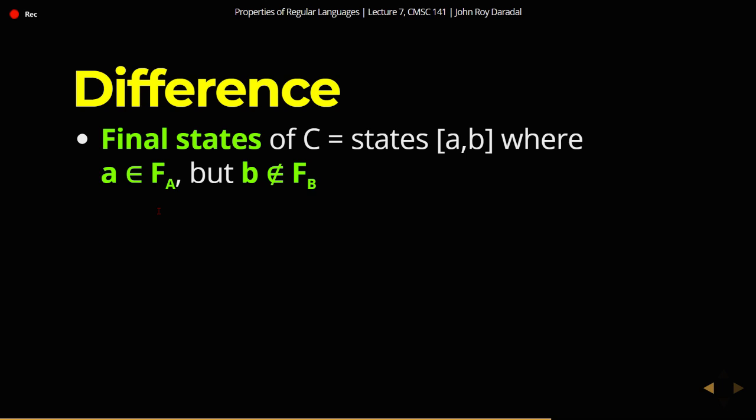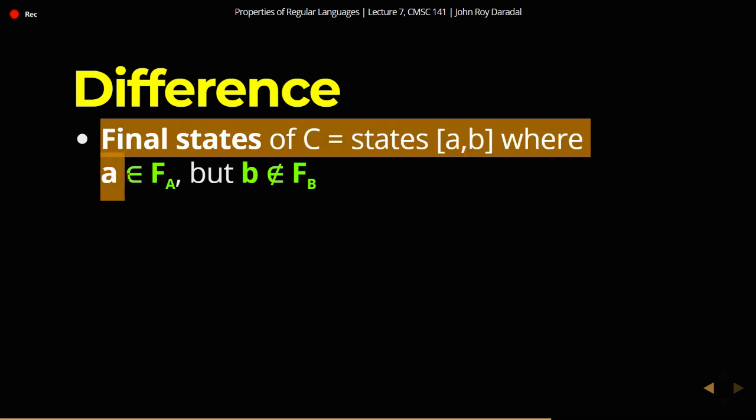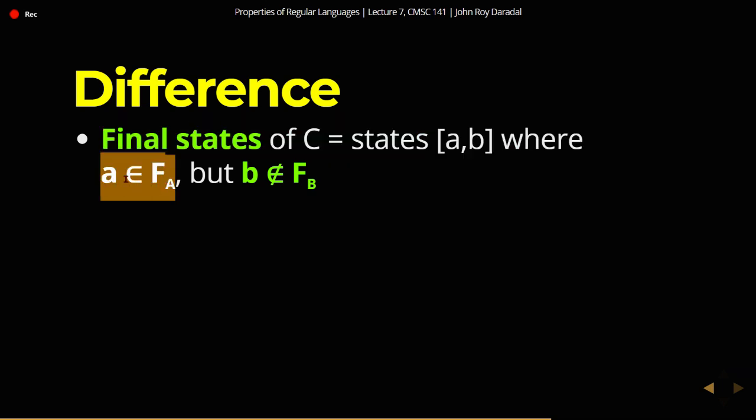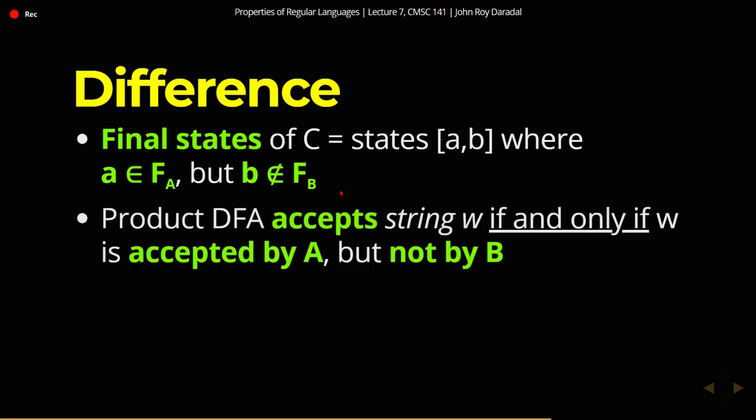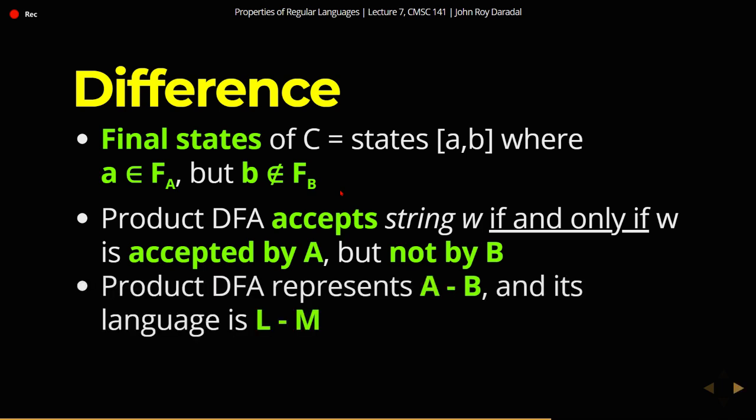So since it's a difference, L minus M, it's accepted in L but not in M. So we'll only take those with final states in the first DFA but not in the second DFA. Okay, so the product DFA accepts the string if and only if it's accepted by A but not by B. So it represents A minus B and its language is L minus M. So the language L minus M has a representative product DFA, so that means that it's regular as well.